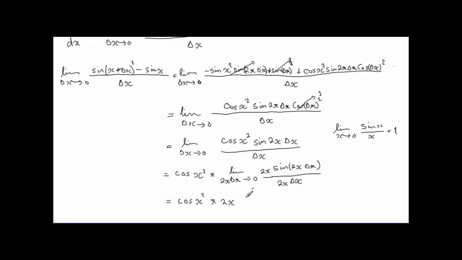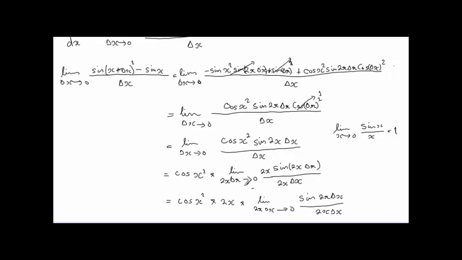Now you're taking 2x out of the limit, multiplied by the limit as 2x delta x goes to 0 of sine 2x delta x over 2x delta x. So we know that this limit is equal to 1.